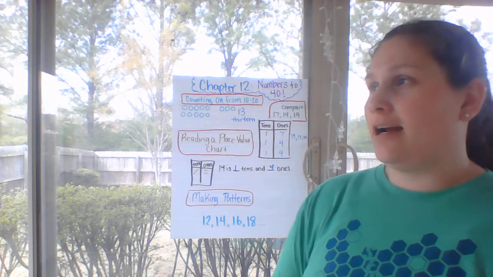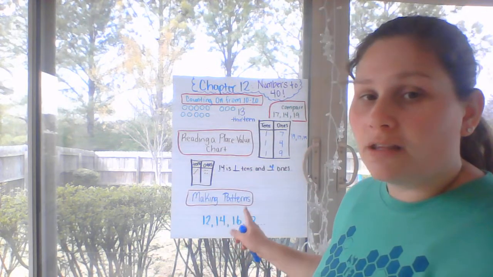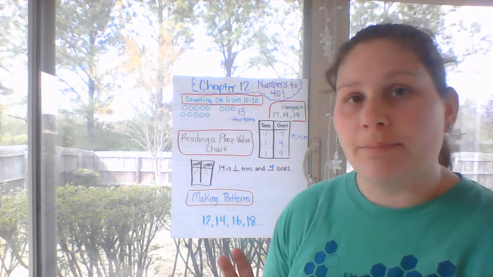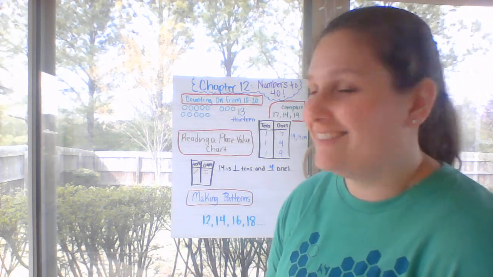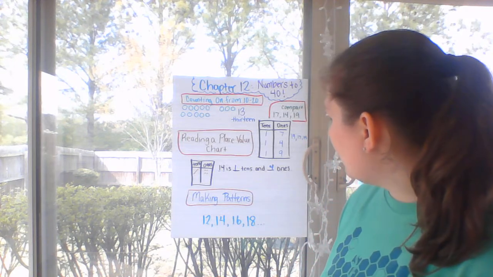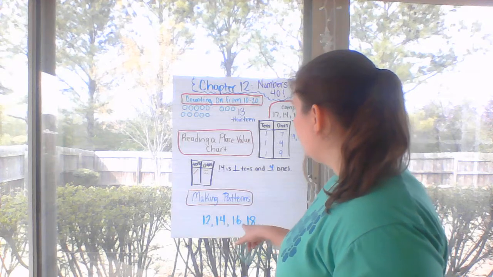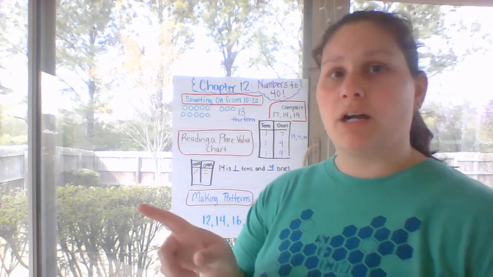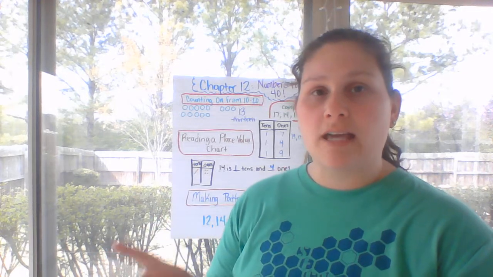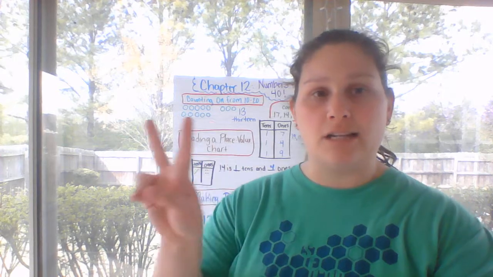What's happening here? Okay, so I see the tens are all the same, okay? So there's something happening in the ones place. So let's look. What's happening in the ones place? Okay, 2, 4, 6, 8. Oh, I know, those are even numbers, and I know even numbers count by 2. So the pattern is counting by 2.